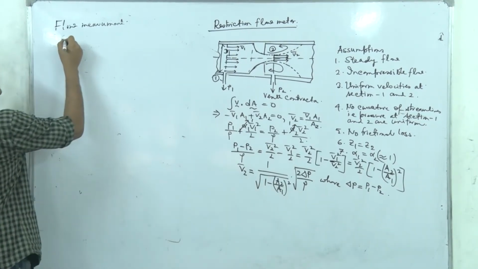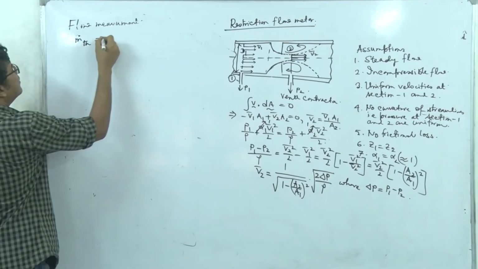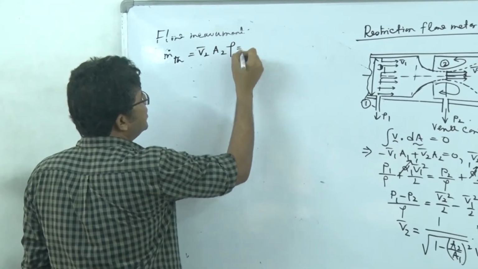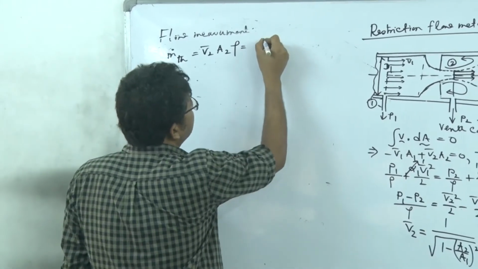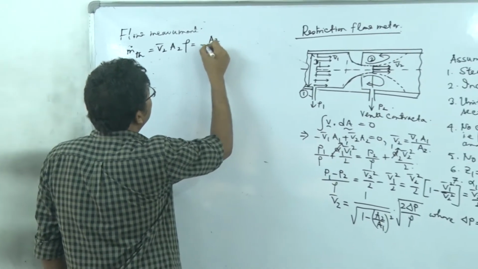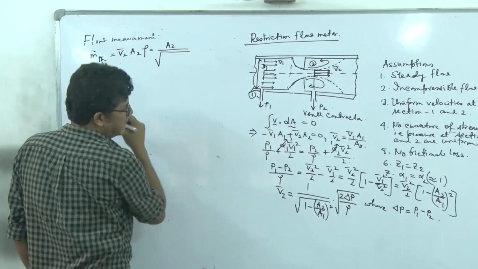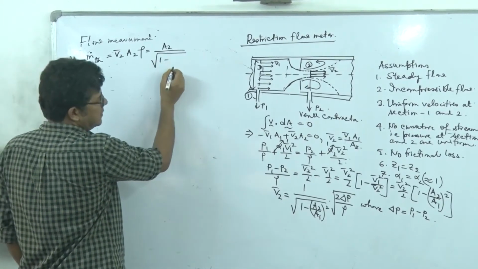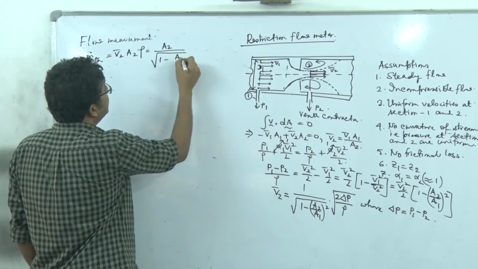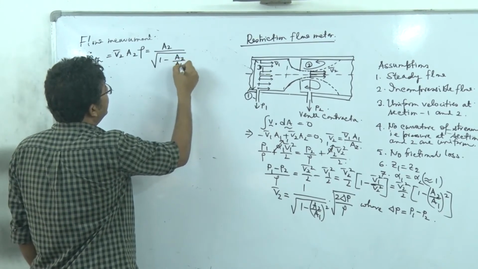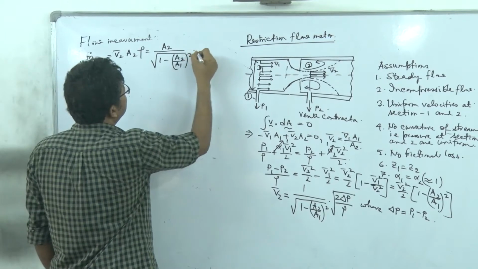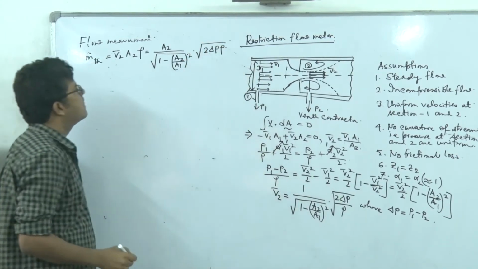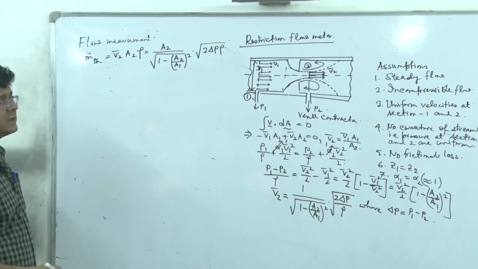Like m dot theoretical will be V2 bar, whatever we have calculated, times A2 times rho. So this is A2 divided by the square root of 1 minus (A2 by A1) whole square, into the square root of 2 delta P times rho. That is the theoretical mass flow.